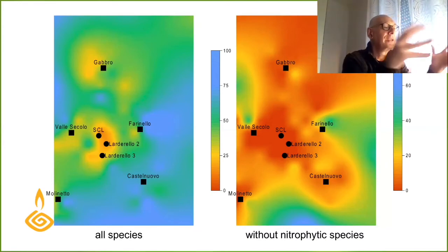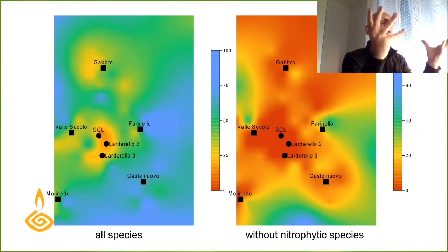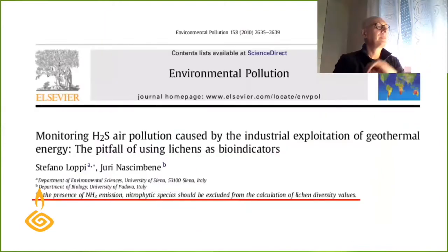So with these two pollutants together, if we measure all the lichen species at the site, we have what we call a mixed soup situation that is really unclear. It is better to separate this kind of pollution.